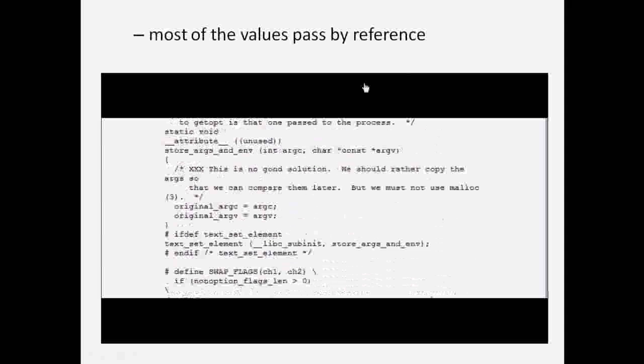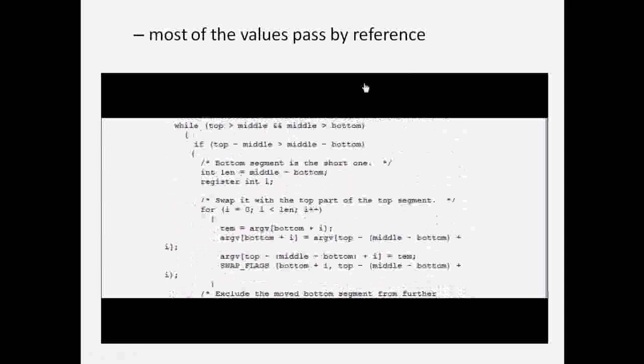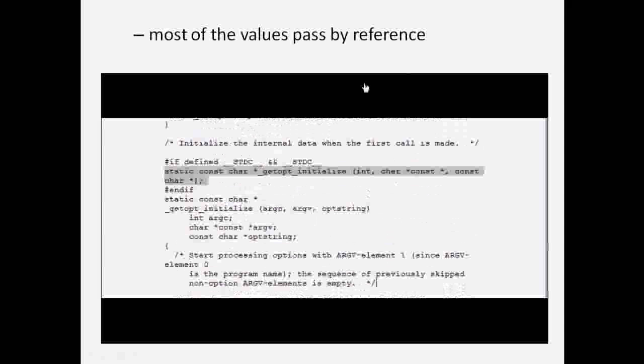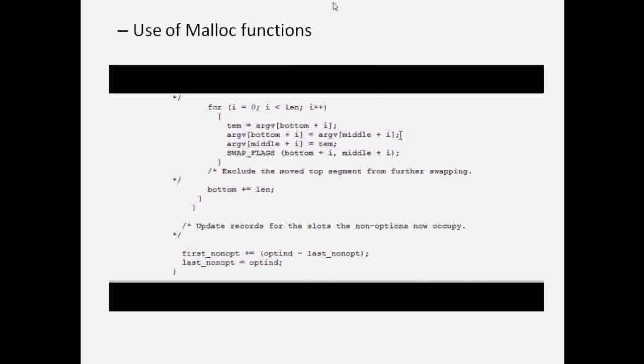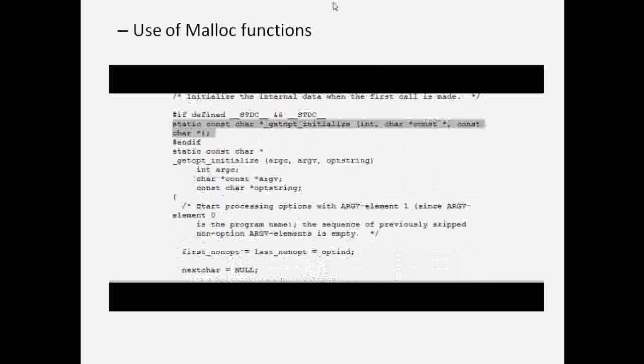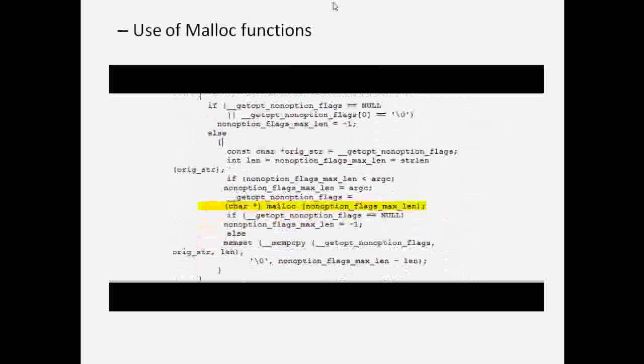Most of the values of functions are passed by reference. In the pass by reference method, it passes the actual value instead of sending a copy of the value. Malloc functions were used to implement the code, which decreases orthogonality and reduces the readability. So according to the factors we talked about, they decrease orthogonality and it leads to less readability.